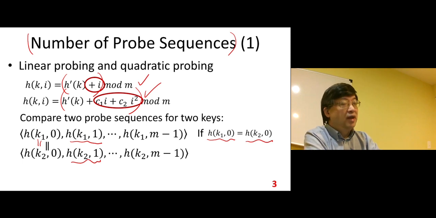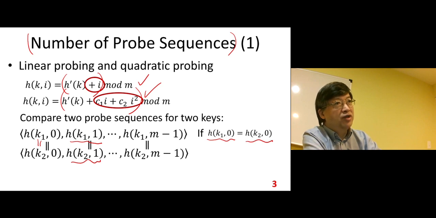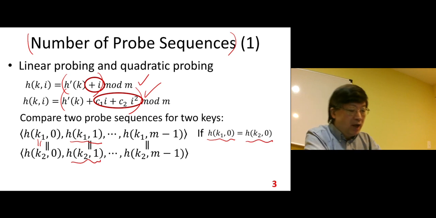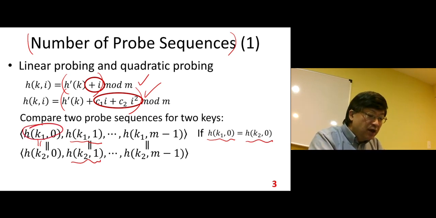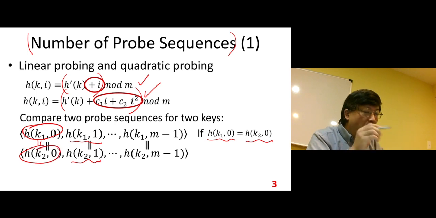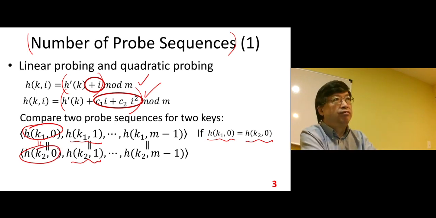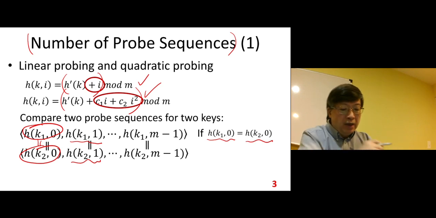So the second number in the sequence is also the same, and so on. All the remaining numbers in the sequence are the same. That's not good. The first number in the sequence determines the whole sequence.